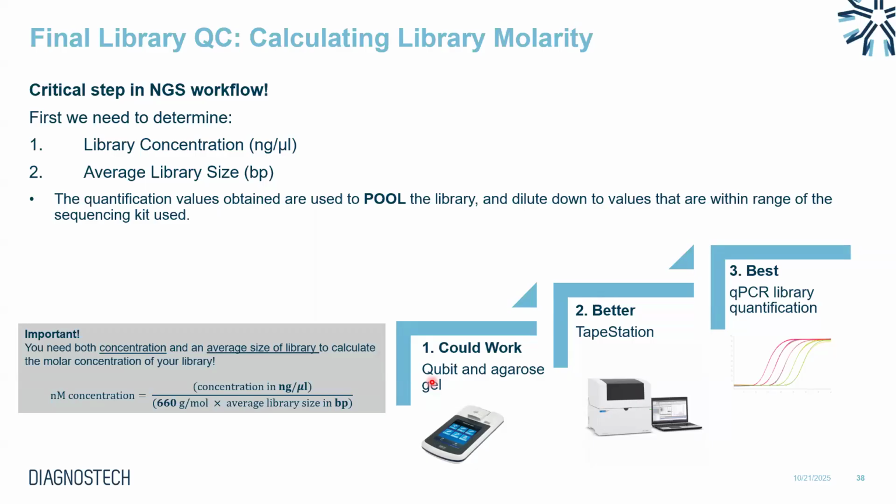So sizing and quantification is extremely important, and your best methods of doing that is using one of the Agilent systems for sizing, so tape station, bioanalyzer, or fragment analyzer, and then qPCR for quantification. And once you're confident, you can perhaps move over to a Qubit.